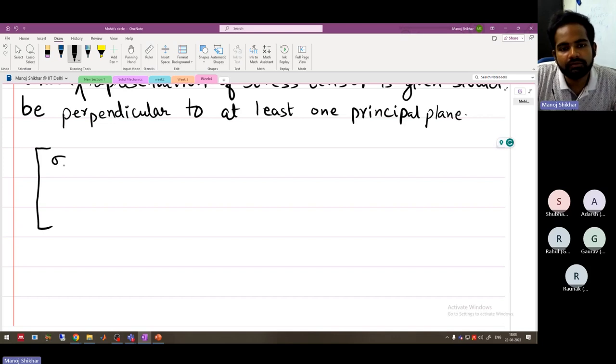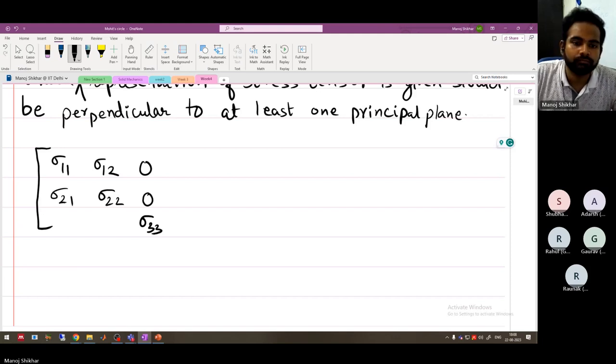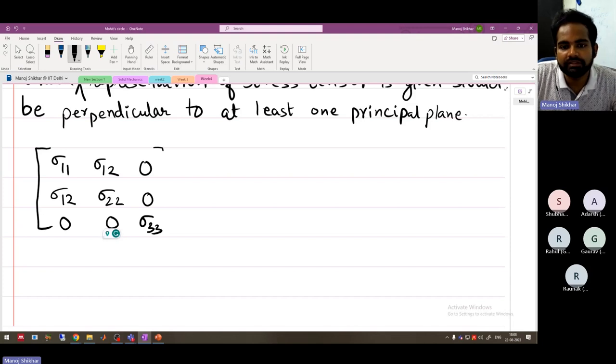if we have a stress matrix representation of this form. Why did I delete it? Because from angular momentum balance, sigma 1 2 is equal to sigma 2 1, and thus these components are 0 because sigma 1 3 and sigma 2 3 were 0.